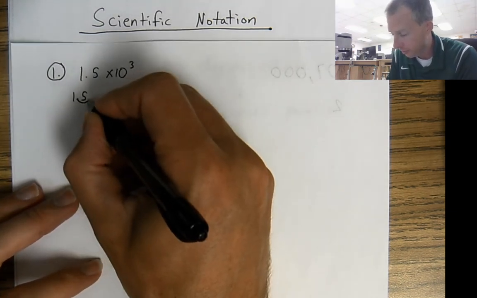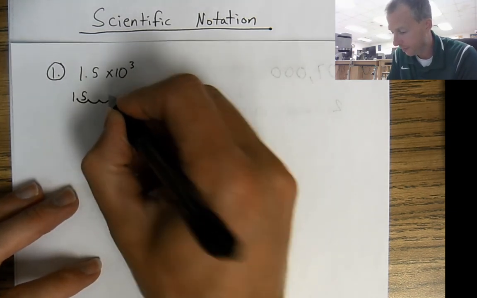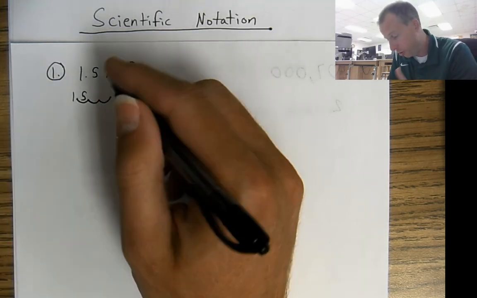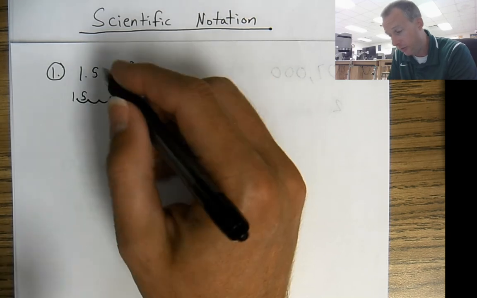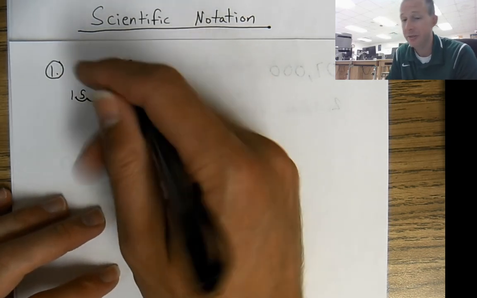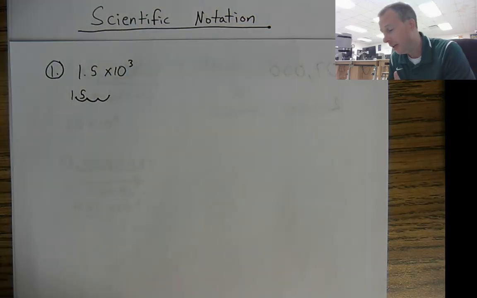We're going to go 1, 2, 3. So if it's positive, you go to the right. When you're converting back from scientific notation to decimal, you go to the right when it's positive. That can be a little confusing, since when converting from decimal to scientific notation, you go to the left when it's positive.